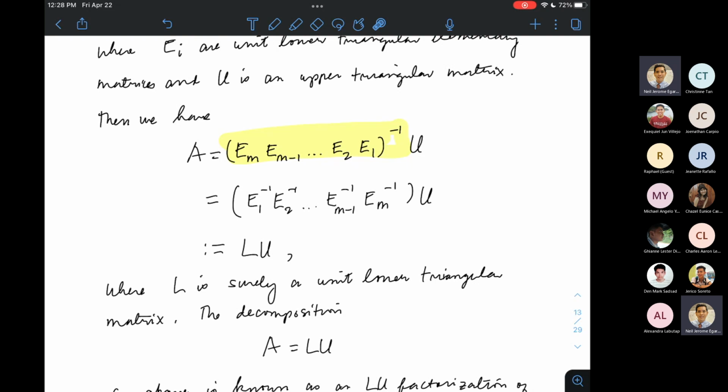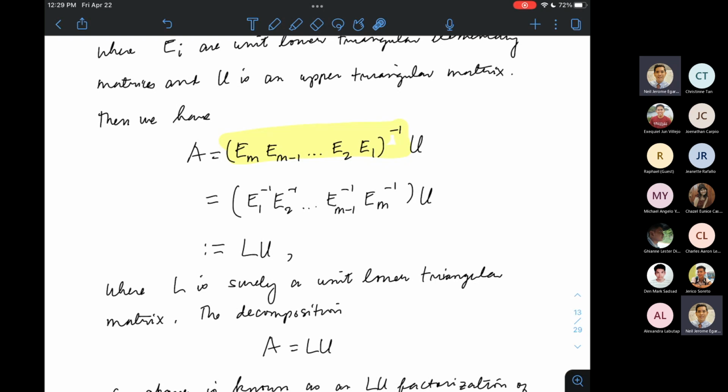Tapos by theorem 7.2, we know that the product of lower triangular matrices is also lower triangular. So bawat isa ay lower triangular, so ang product na yan ay lower triangular. So ibig sabihin, we are fine because the product na meron tayo rito would be a lower triangular matrix and hence giving us the desired factorization. So ito yung isang paraan ng pagkuha ng LU factorization ni matrix A.